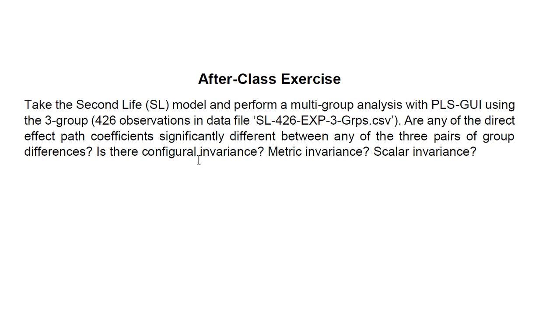It asks about configural invariance, metric invariance, and scalar. Configural invariance just simply means, do you use the same indicators on the instrument for the tests? Do you use the same survey items for the groups that are different?